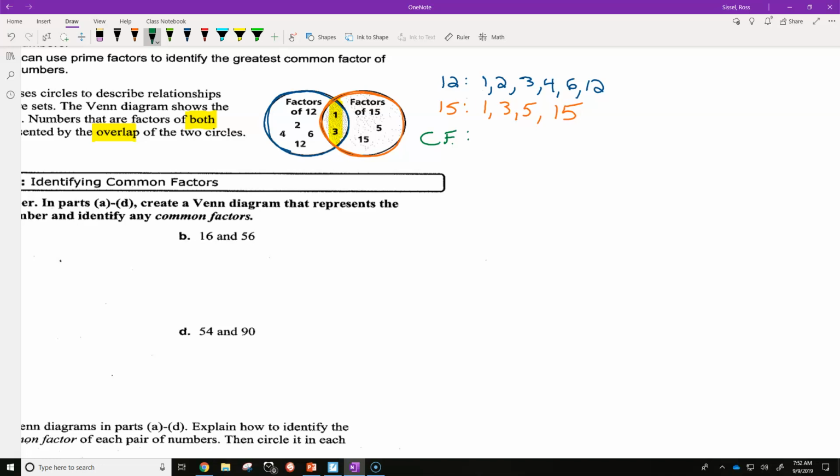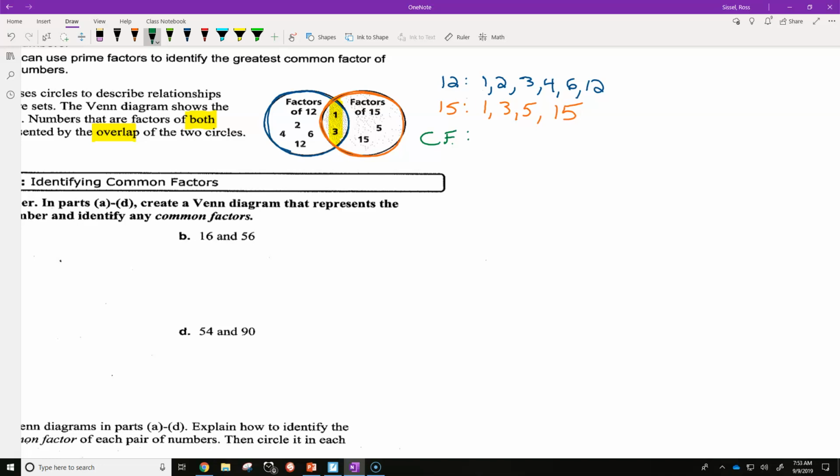Who remembers what factors are? Factors are the numbers in a multiplication equation. Numbers that you multiply together to give you a certain number.